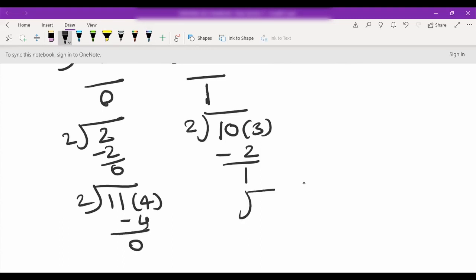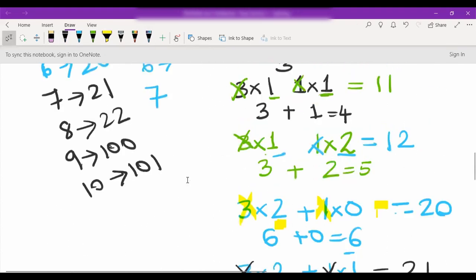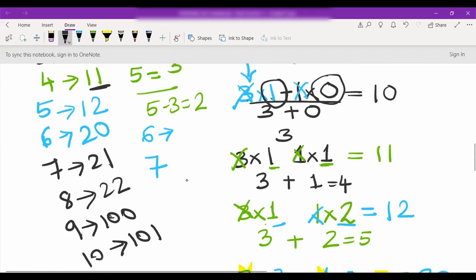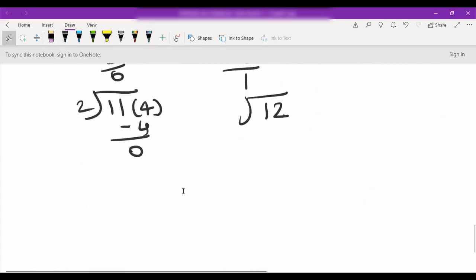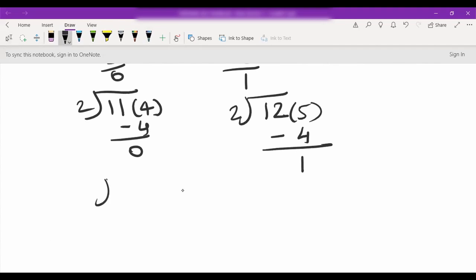What is 5? 5 is 1, 2 in the ternary number system. We will cross check here also. 5 is nothing but 1, 2. So 1, 2 is 5 in the decimal number system, and when divided by 2, your remainder will be 1. Now we have number 6.